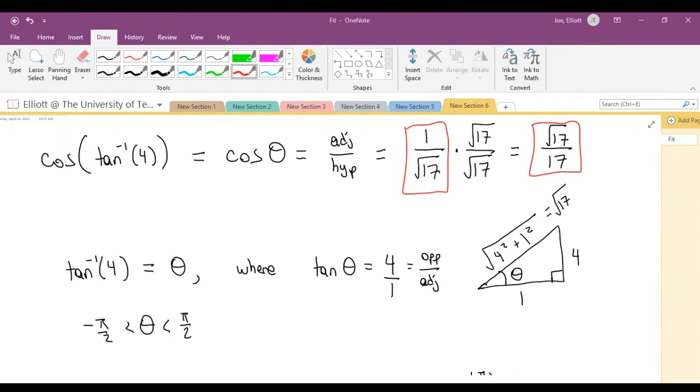Right, okay, that's good to know. I see, so then that would have been an incorrect answer on the answer key.